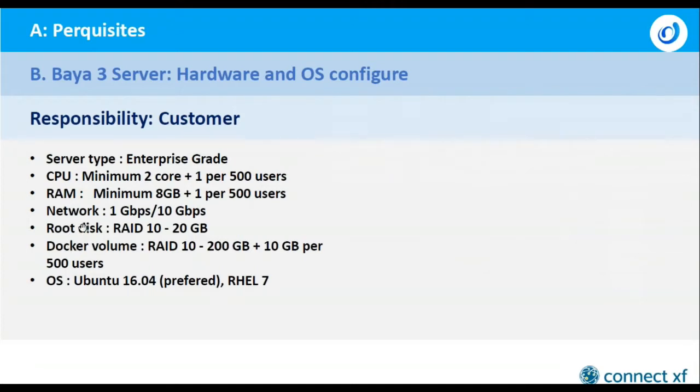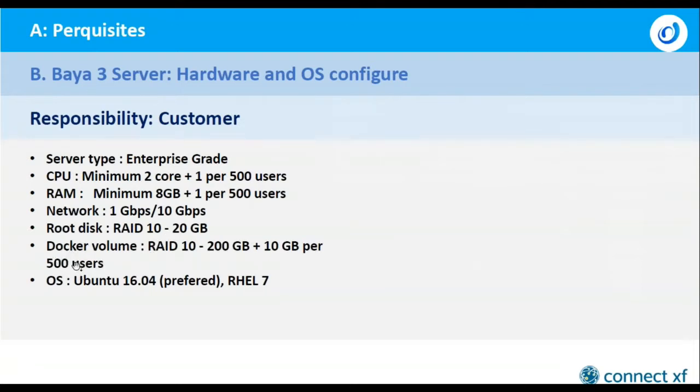Root disk on the setup will have RAID 10. Minimum disk space required will be 20 GB. The Docker volumes will be set up on another 200 GB of space, and it will be configured in RAID 10 as well.